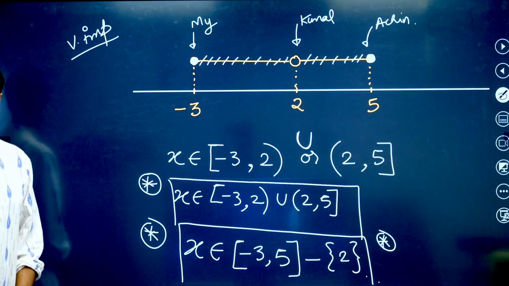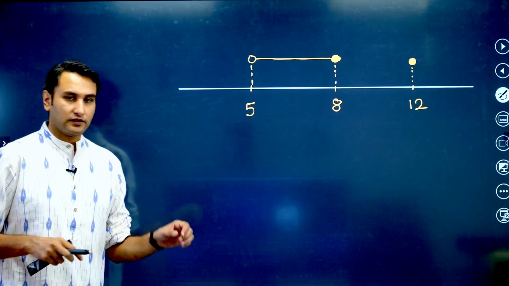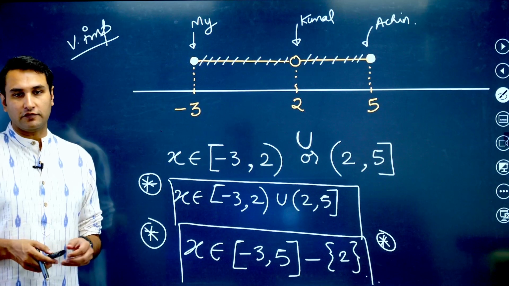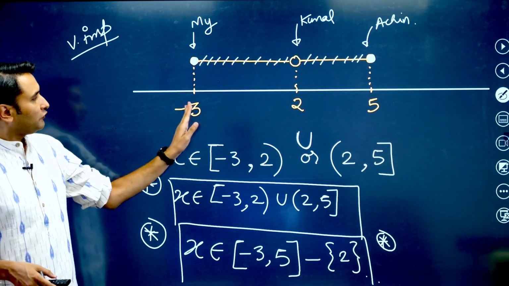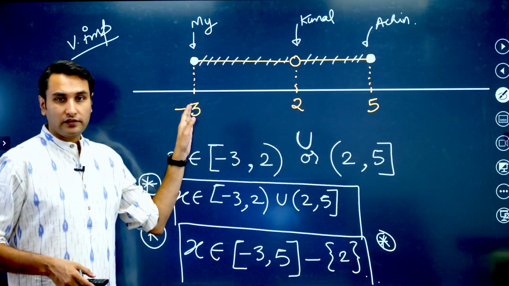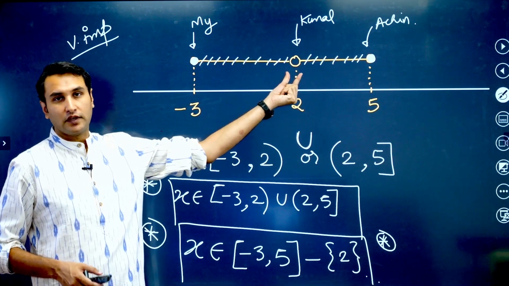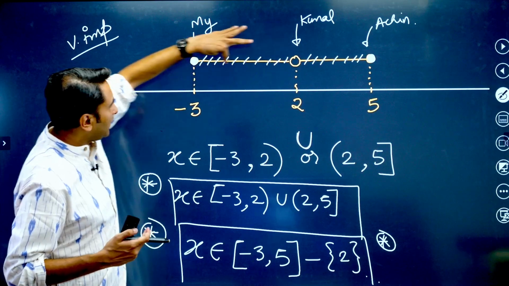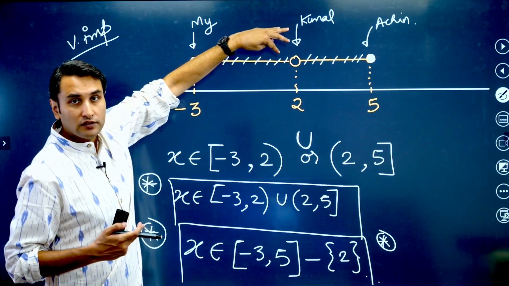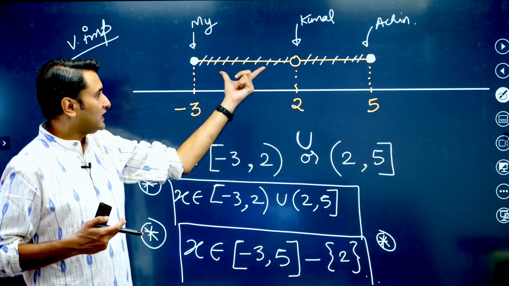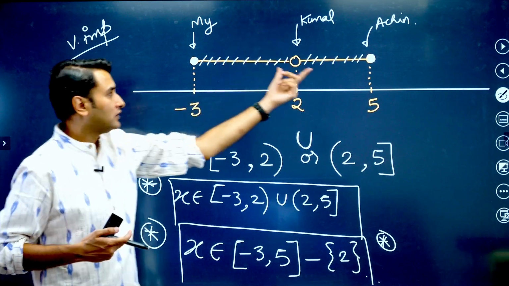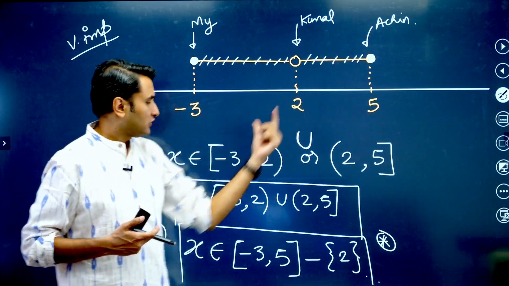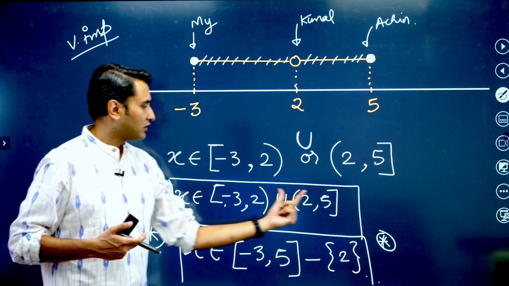Do you understand both these notations now? Let me revise. When you want to go over a big interval and want to remove something in between, there are two ways of doing it. You take the first part or the second part, so either this part or that part.